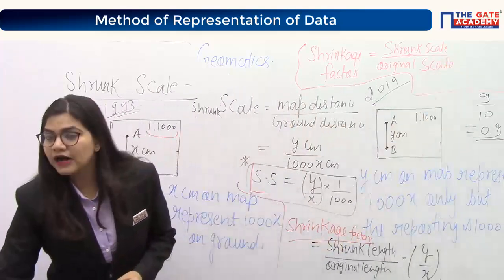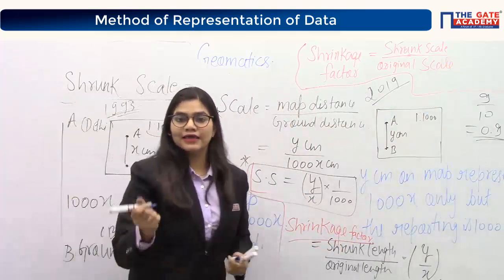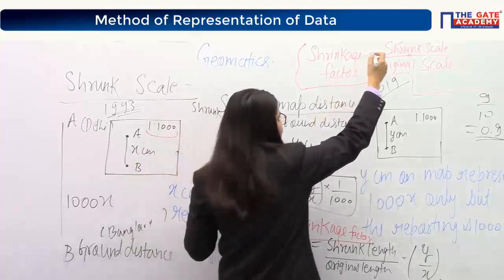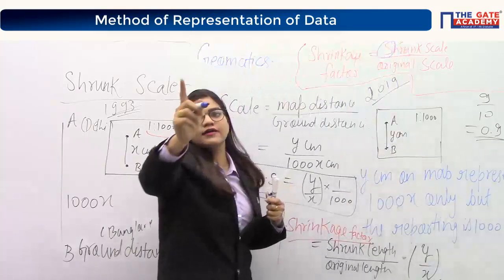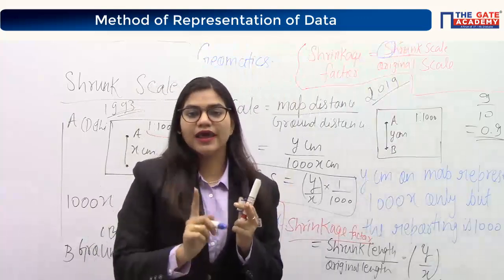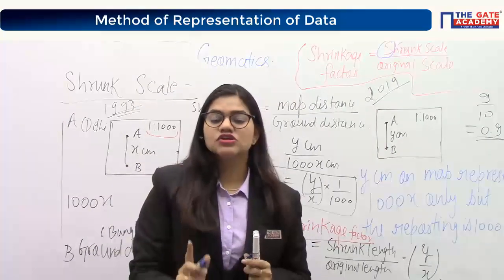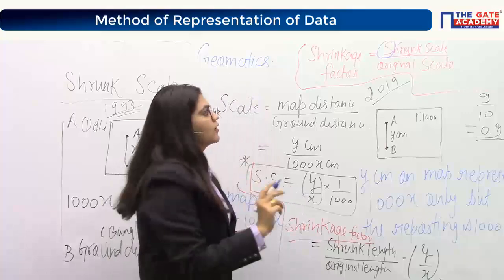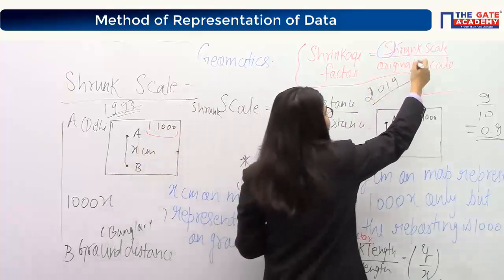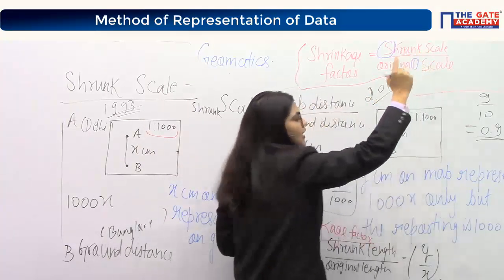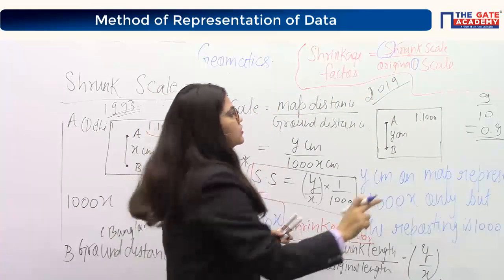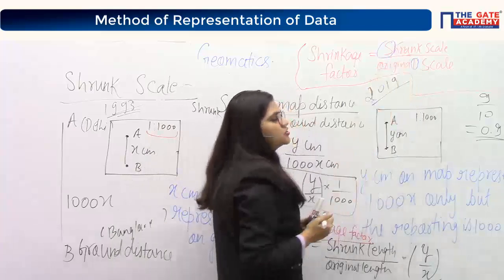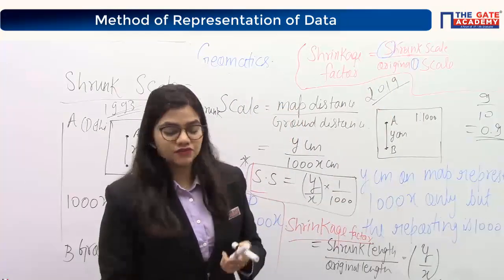Please underline this S. S of smaller and S of shrunk. S represents small and S represents shrunk. So shrunk is a smaller one. And original, this L of original, L stands for large. So this original scale is your larger one. You can remember it in this way as well.